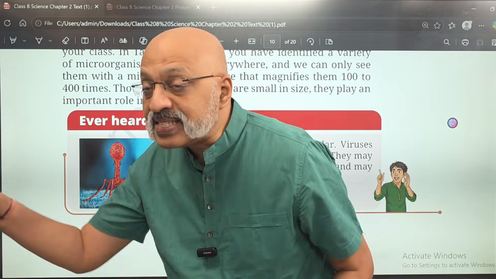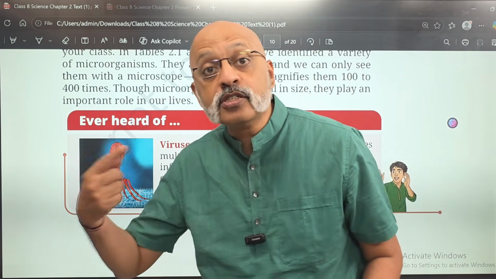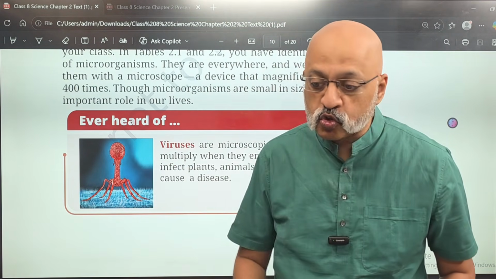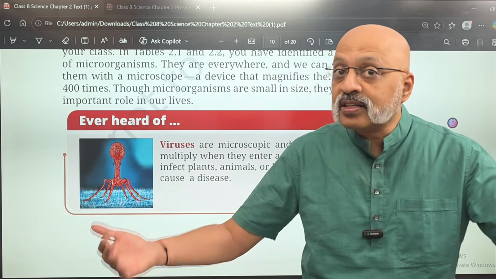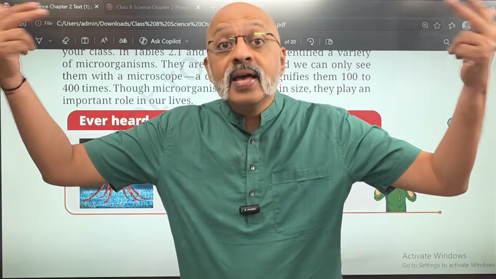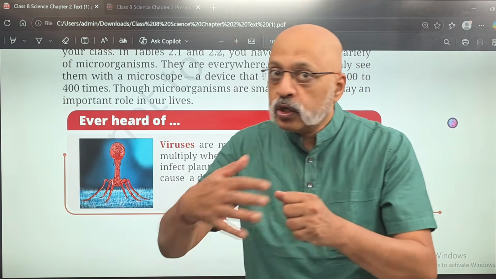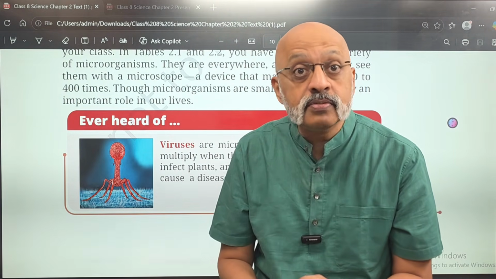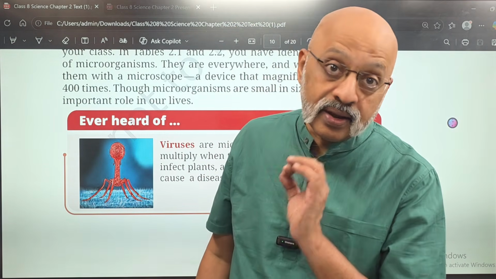And once they are inside a living body, they play the role of a hijacker. They hijack the cells inside the body to create various copies of the virus, which is why when you get a viral infection, you realize that the virus has multiplied inside your body, which is why you develop fever, you develop other kinds of symptoms. That is what really happens in the case of a viral infection.